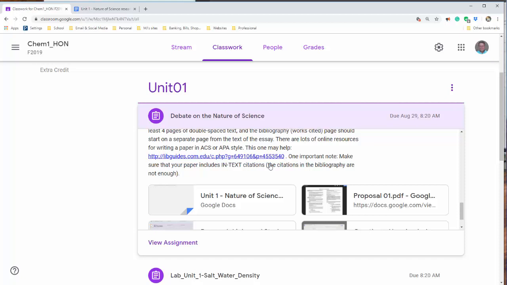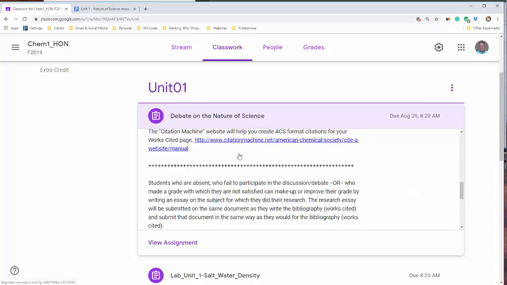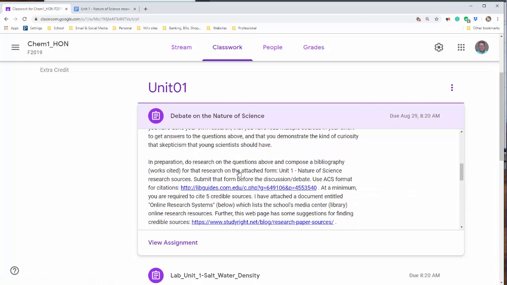If you disagree or have a question, and you think, wait a minute, that doesn't make sense, ask the question. But just be polite. We don't want to call names or give people a hard time. So we're going to be doing a discussion, trying to figure out for ourselves what science is.